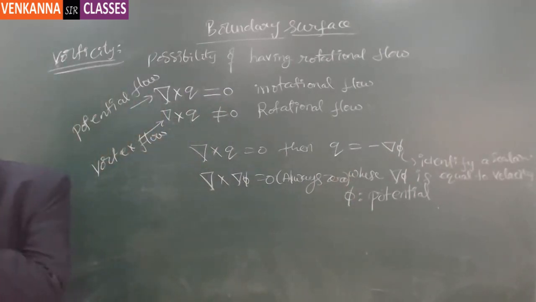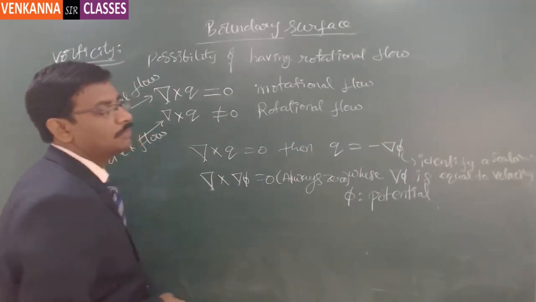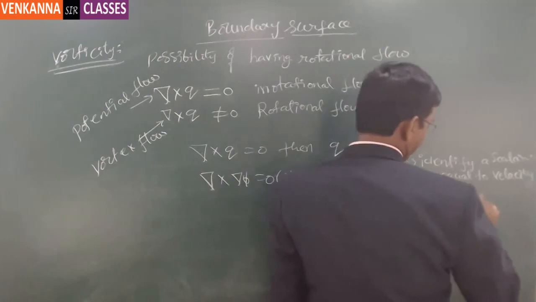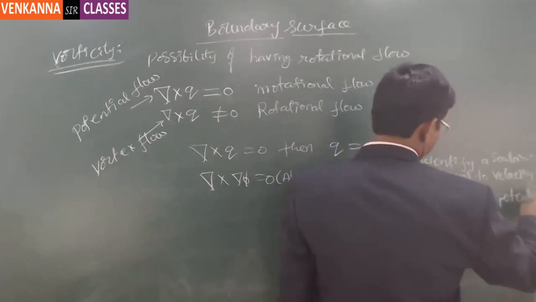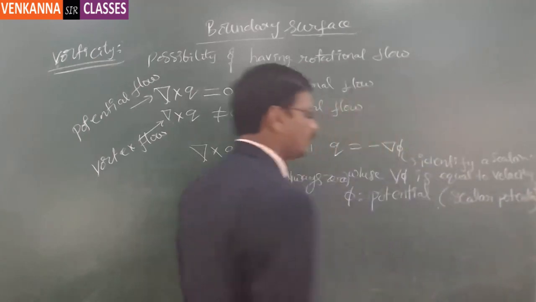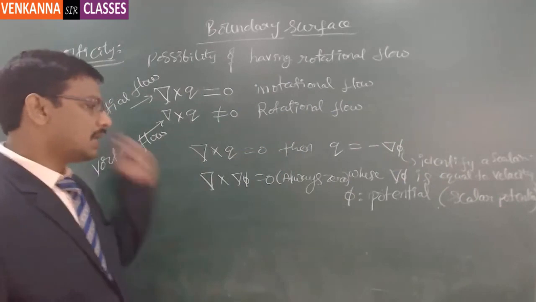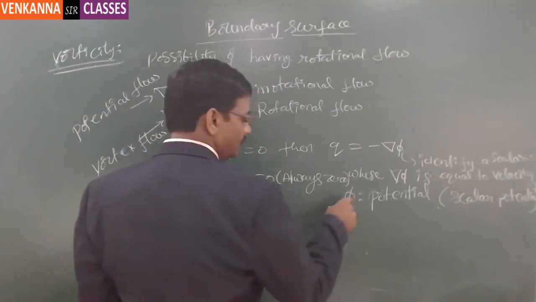Got it? That's why phi is nothing but the scalar potential. You can identify this scalar potential first. Once you identify it, you will deal with only this particular scalar to analyze the complete flow.